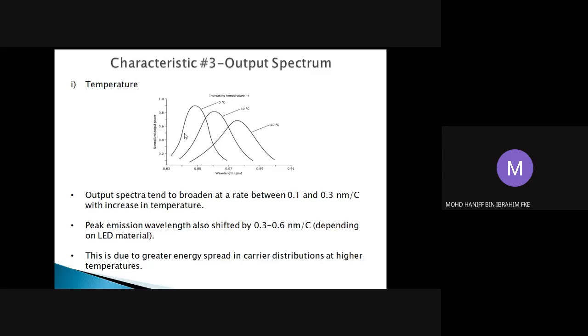Based on this diagram, at 0 degrees, 30 degrees, and 60 degrees, for 60 degrees the spectral width of the LED is bigger as compared to lower temperatures. This is due to greater energy spread in the current distribution for the higher temperature case.